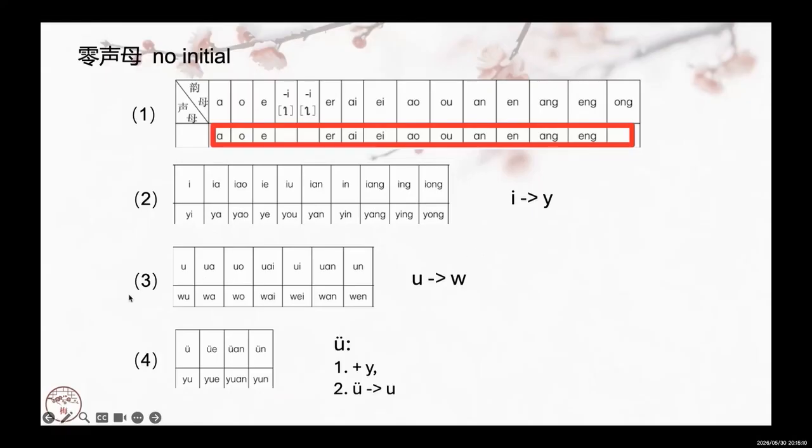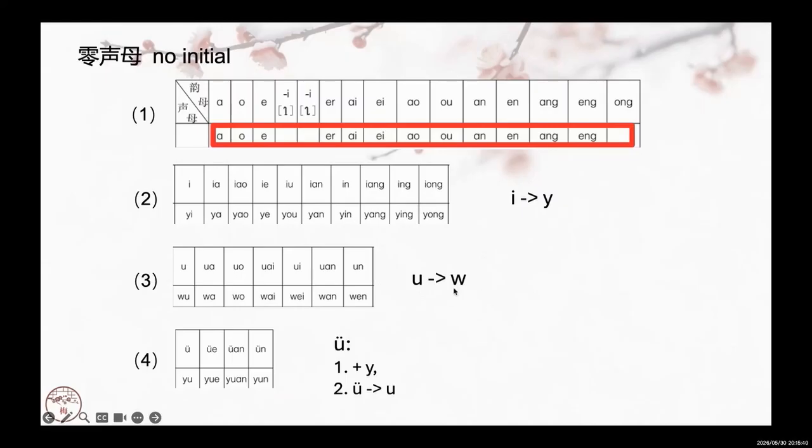Similarly, the third situation for U. When we form a valid syllable, we change U to W. Do you still remember the consonant table? There is no W, right? Yes. That's why we call it a fake initial. Because an initial is usually a consonant. We don't see W in a consonant table.